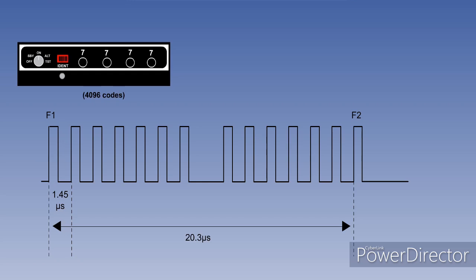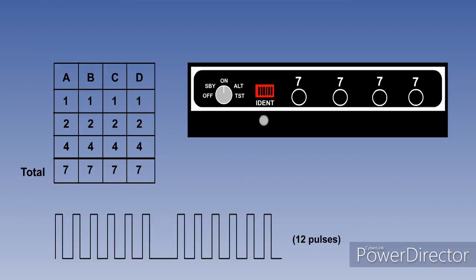The letters A, B, C, and D refer to the 4 digits displayed in the transponder windows. Each letter can have up to 3 pulses with a value of either 1, 2, or 4, which, when added, total 7.